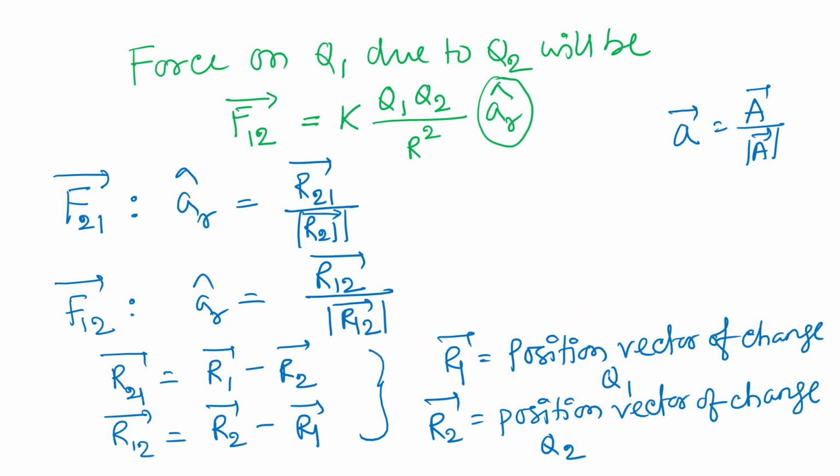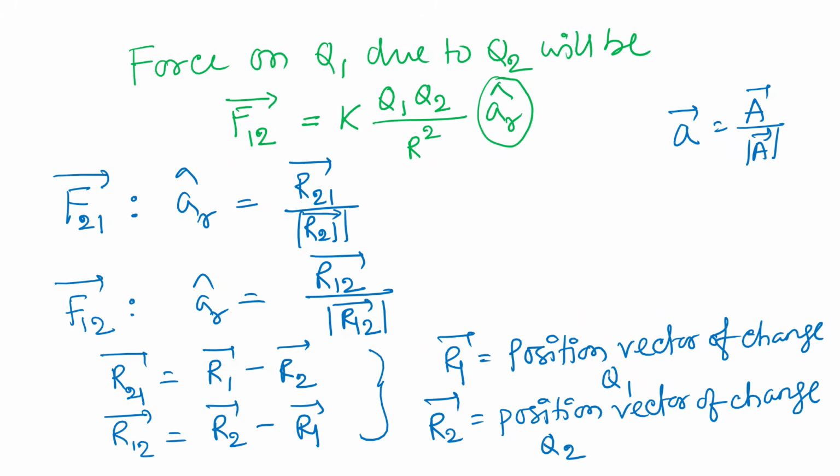Okay, so while solving numerical problems, we need to be very clear about using the correct distance vector, and also to identify the position vectors correctly. Otherwise the problems that we will be solving will give us a wrong answer.